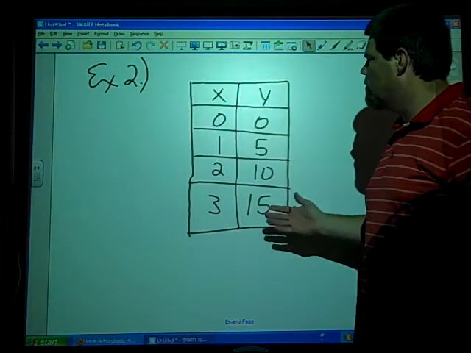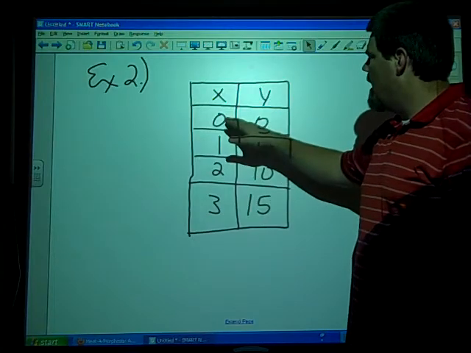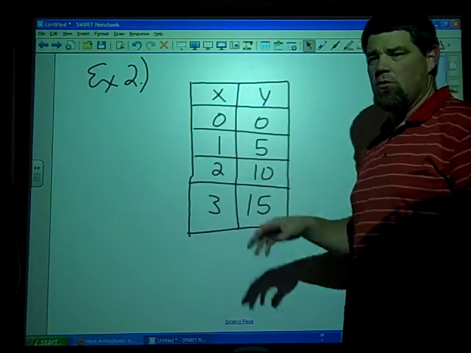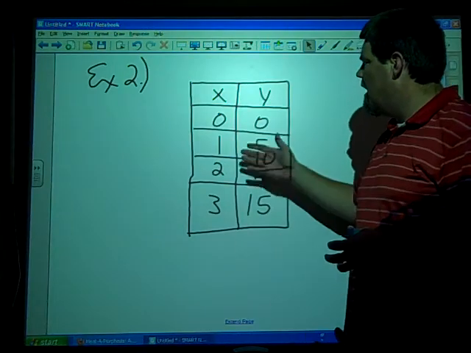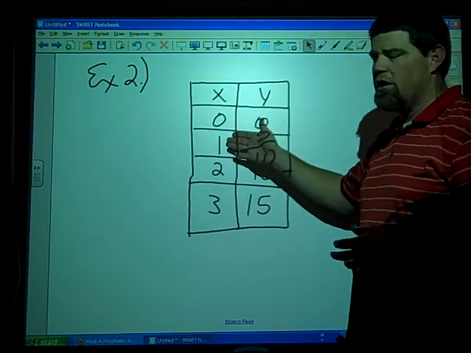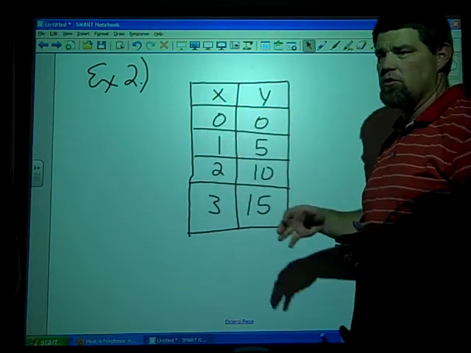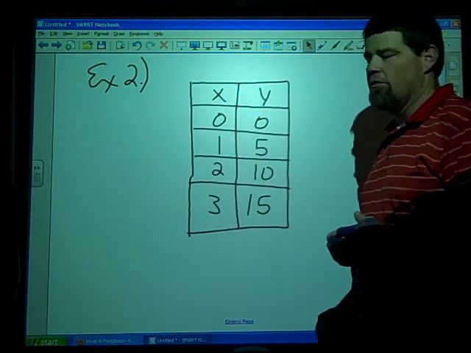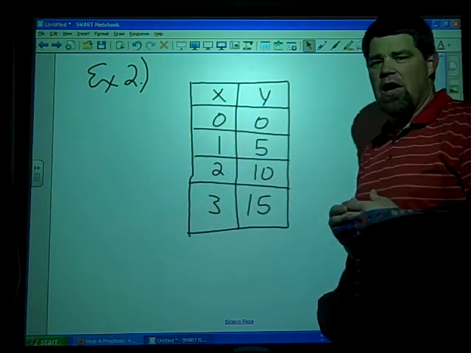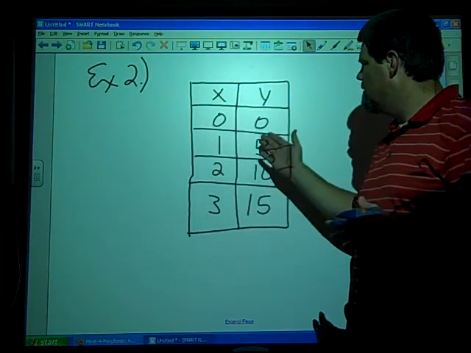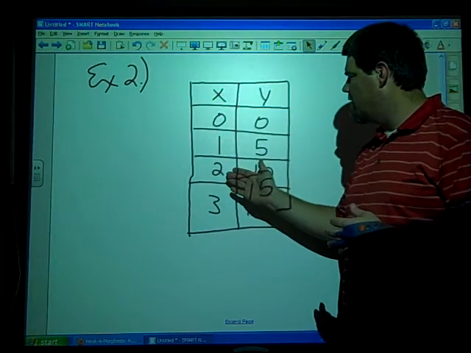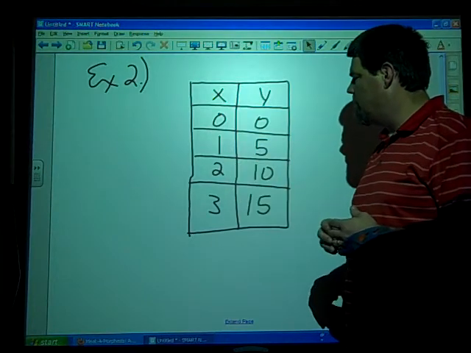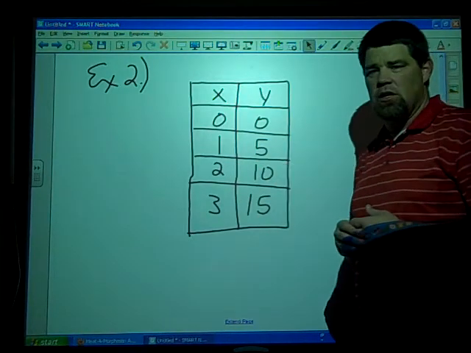Now, what is the rule that is happening here? If we put x, or the 0, into our function machine, and it comes out as 0, what's happening when we put a 1 in for the input value? It goes to the machine, and it comes out to 5. What type of operation did they have to do to get 5 as the output value? Then look at the rest of it. If they put in a 2 in the function machine, what was the rule for the output to be 10?